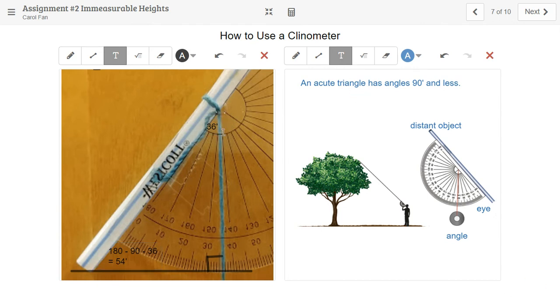Now, it doesn't matter which one we decide to use, but the reason this works is because we have similar triangles. So this is the height of the triangle.